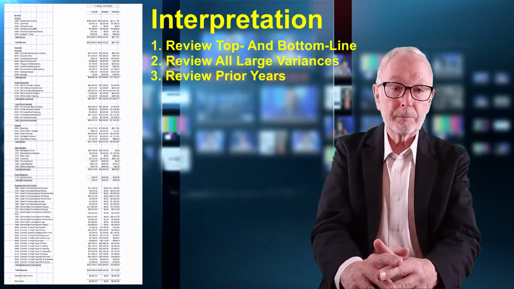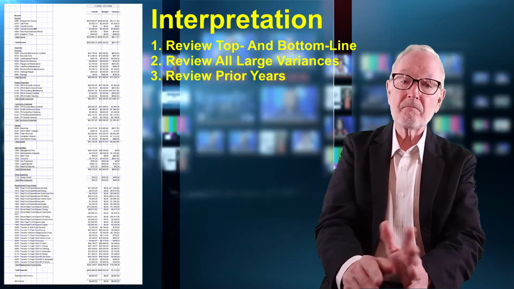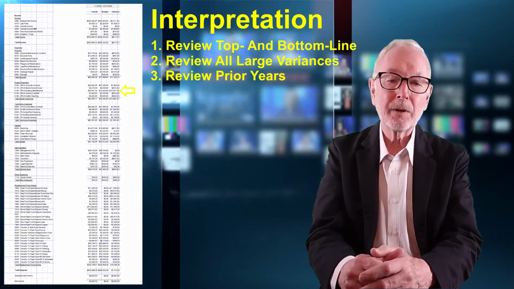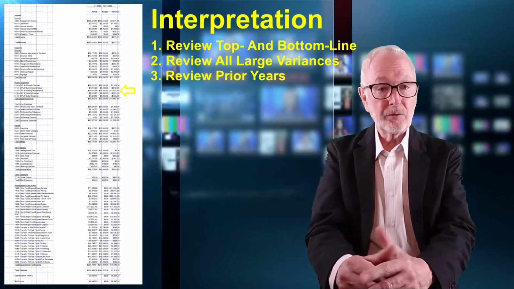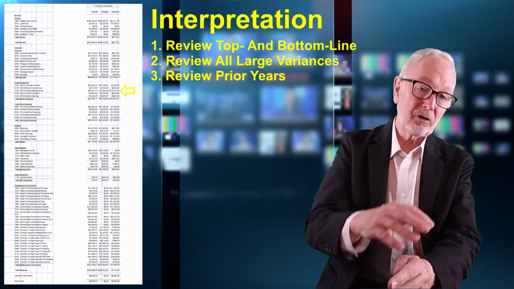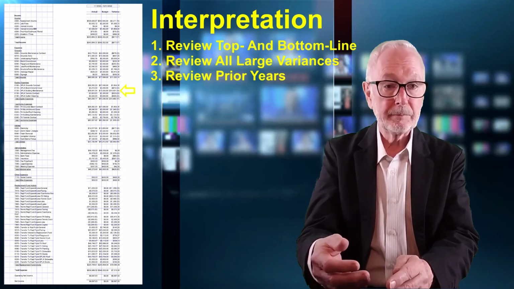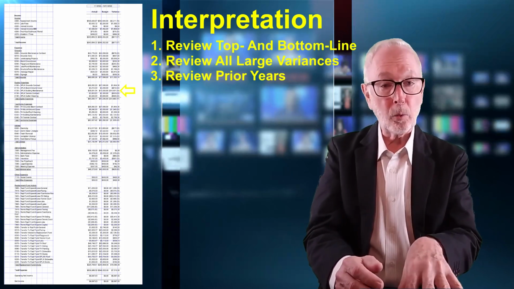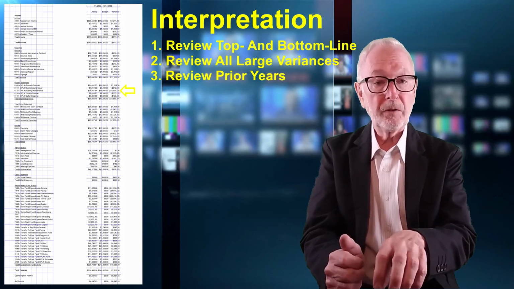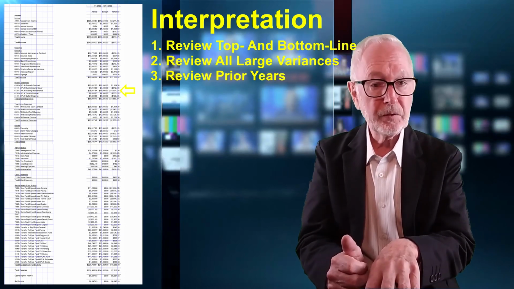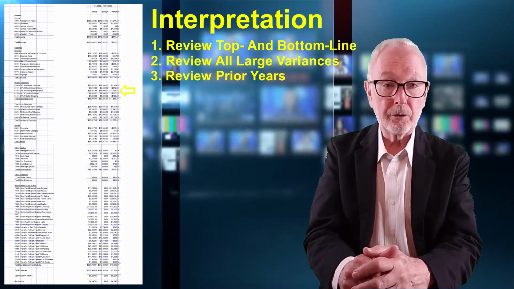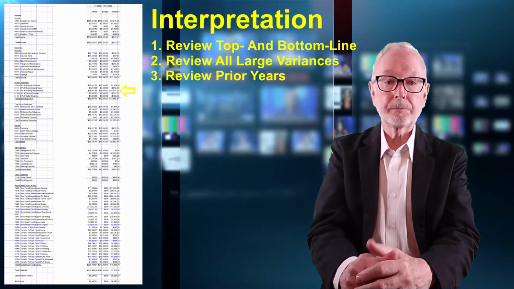For example, let's pick on duplex building maintenance a little longer and see if its large variance is something that happens year after year. As described for 2022, the budget was $14,000 with a variance of almost $15,000, which is a percent variance of 107%.